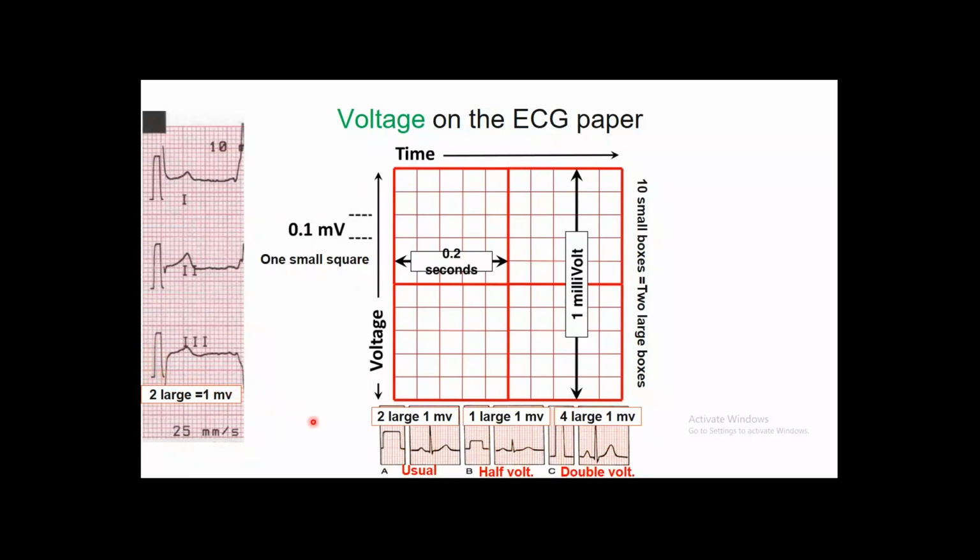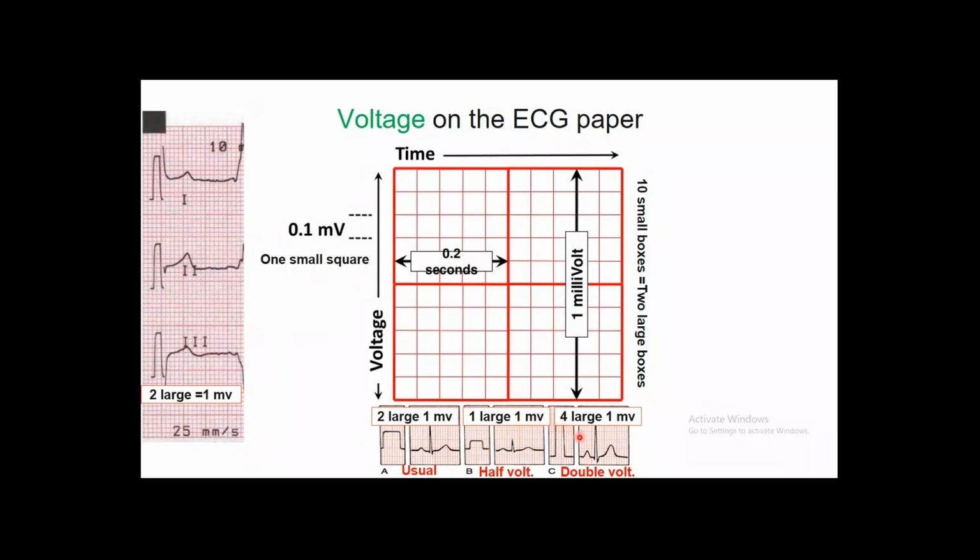We have the usual calibration, which I just mentioned, where each 2 large squares equal 1 millivolt. But the ECG machine has other options. If the recorded voltage is huge or large, like in a patient with left ventricular hypertrophy, it automatically changes the calibration into what is called half voltage calibration, where each 1 large square equals 1 millivolt.